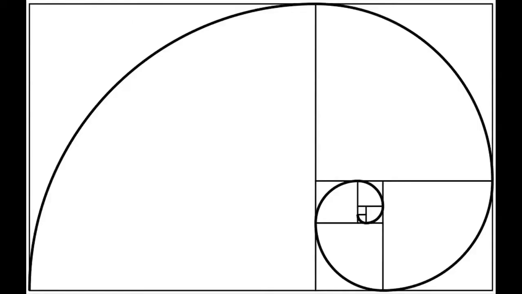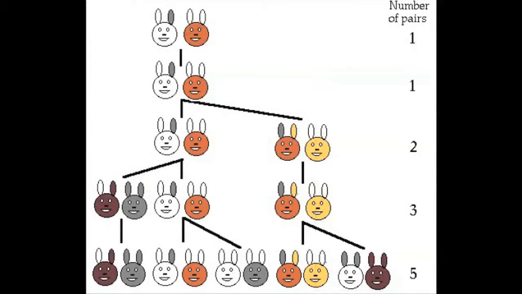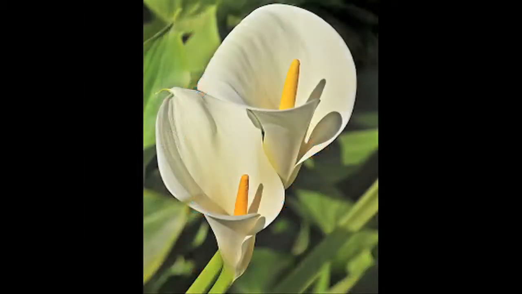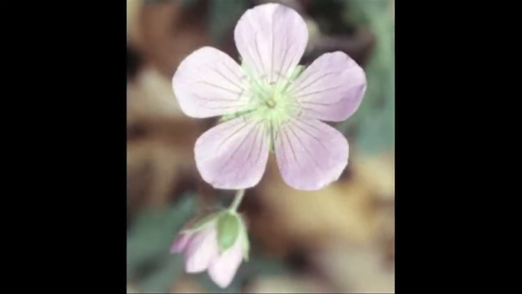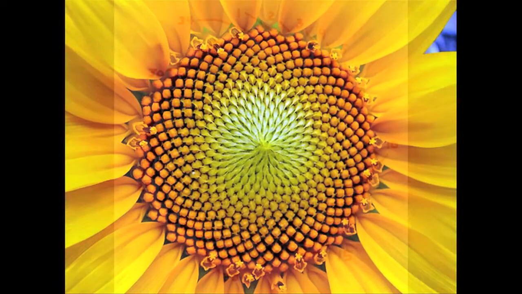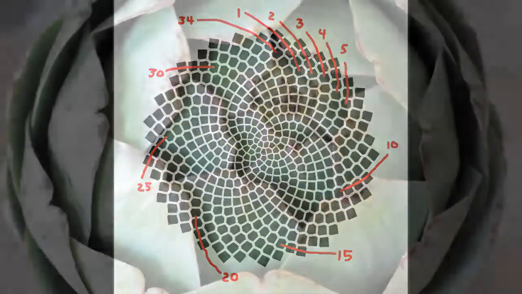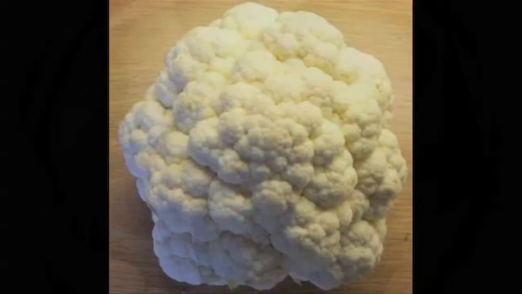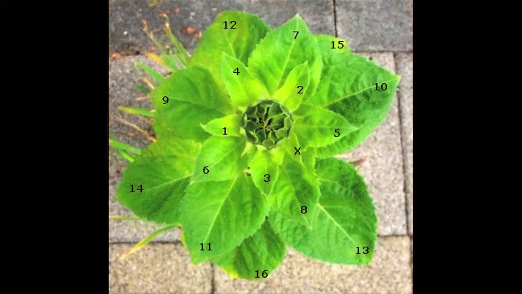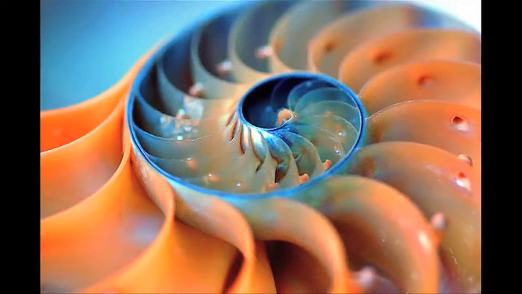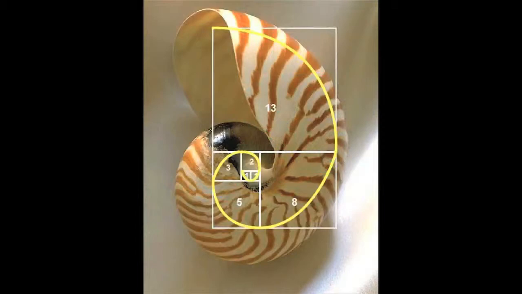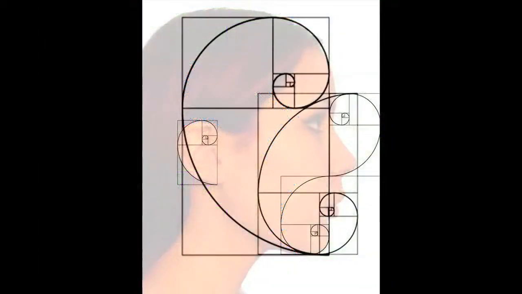Upon closer inspection, it is quite obvious that the Fibonacci sequence occurs a lot in nature. This is especially evident in flowers, vegetables, shells, and even humans.